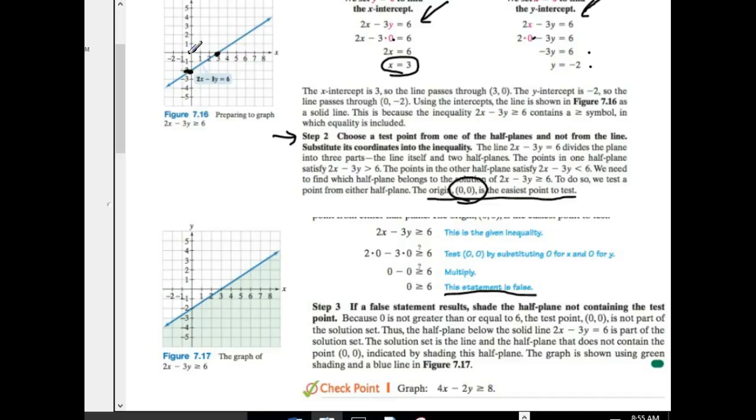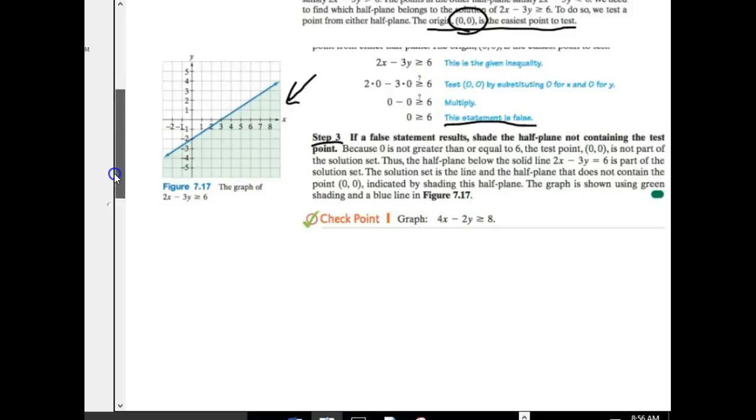I'm going to shade the other side of it, because I tested (0, 0) on that side and it didn't work, as you can see that they've done right here. Okay, and that's what step 3 is trying to say, that if you find out that the side the (0, 0) was on ends up being false or is not true, then you shade the other part. If that had been true, then we would have shaded the side that the (0, 0) was on.